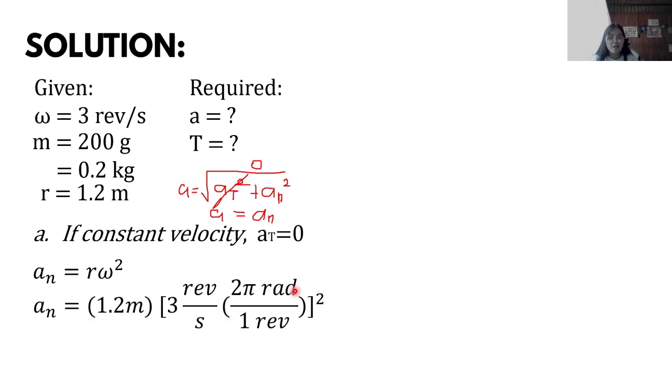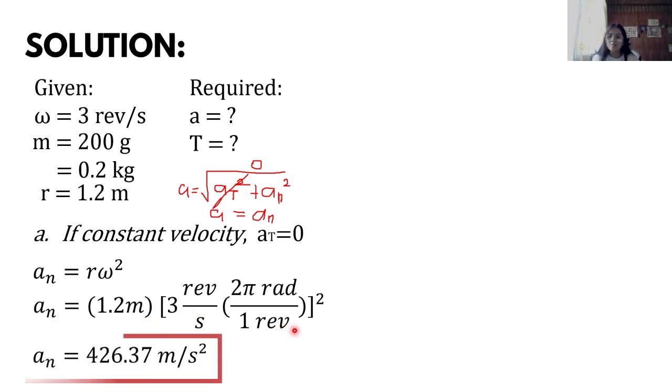Kasi ang radians, sabi na natin na actually ang radians ay parang unitless lang yan. Okay? Sinusulat lang natin na radians para aware tayo na naka-radians. Okay? So, calculate nyo na lang yan. Makukuha nyo 426.37 meter per second square.